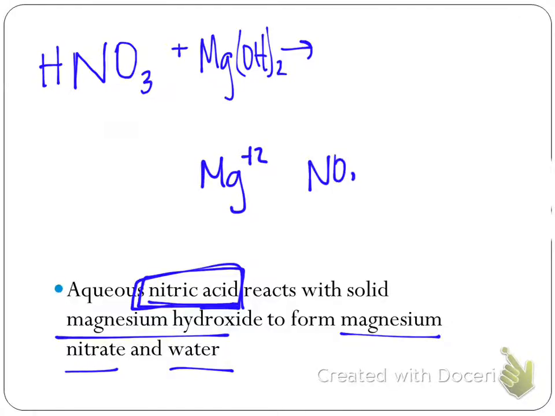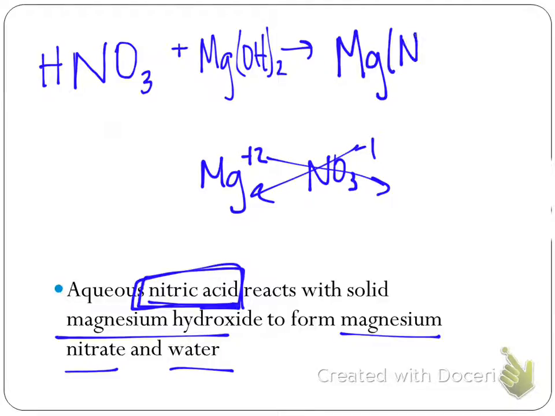Nitrate is NO3 minus 1. So we're going to cross those down. That would give us Mg(NO3)2. Right? Do we agree there? Okay, and our last product is water, just because it says it forms magnesium nitrate and water.